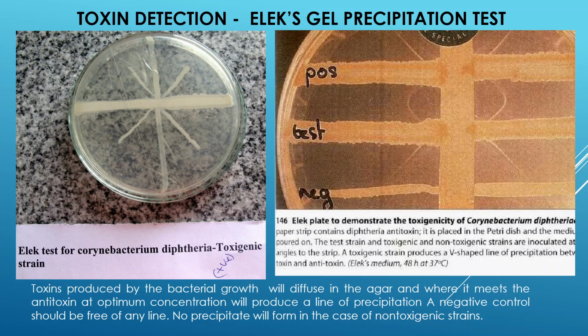Toxins produced by the bacterial growth diffuse in the agar, and where they meet the antitoxin at optimal concentration, they produce a line of precipitation. A negative control should be free of any line. No precipitate will form in the case of non-toxigenic strains. On this slide you can see the Elek test: toxigenic strains, positive reaction, negative reaction, and control.